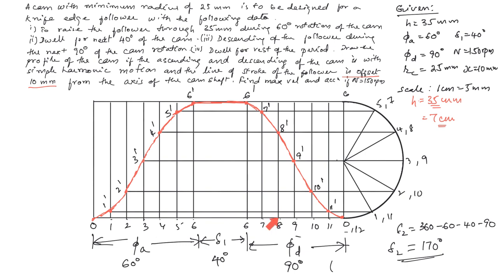The height of the follower will be 8 dash. And again, after 45 degrees of rotation, the height of the follower will be 9 dash. Then 10 dash after another 15 degrees. After another 15 degrees, it is 11 dash. And after another 15 degrees, that is total, after 90 degrees rotation of the cam, the follower has totally descended from the highest point to the lowest point, or a descent of 35 mm.